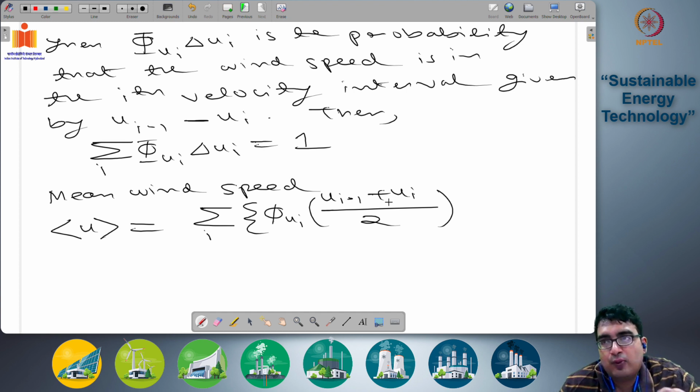So this is the average velocity within the distribution. The ith interval varies from ui minus 1 to ui, so the average speed within that interval is ui minus 1 plus ui by 2.